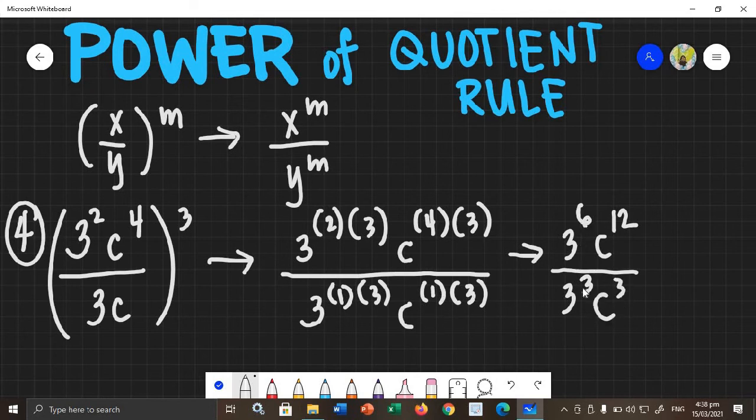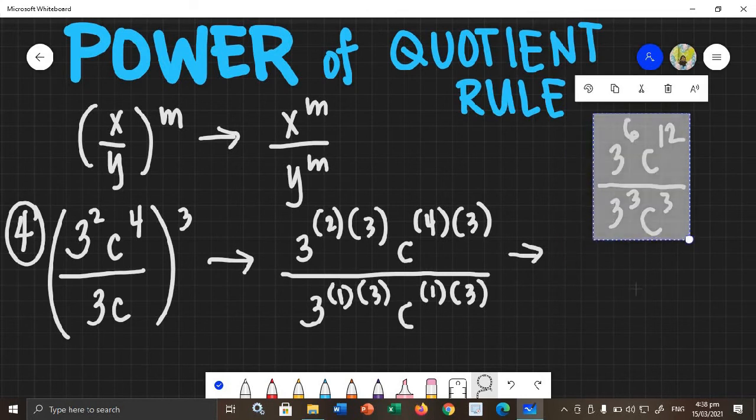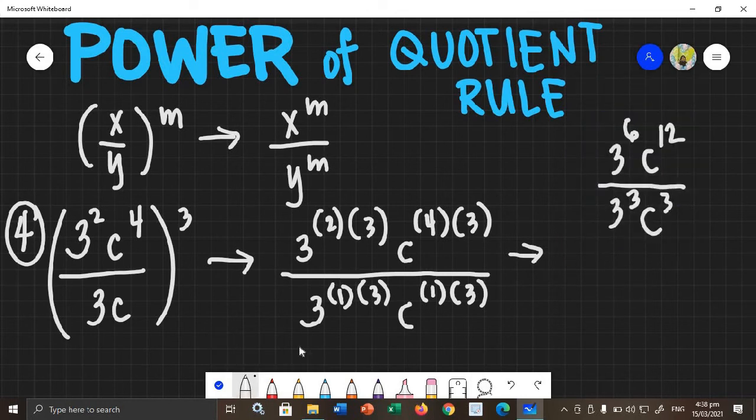So kung napapansin nyo, sa numerator and denominator natin, we have expressions na may same na base. Okay? Same yung base. So we can still simplify that by subtracting their exponents or applying the quotient rule. So we have 3, same ng bases yung 3, so subtract natin yung exponents nila.